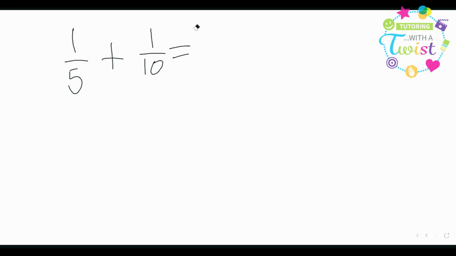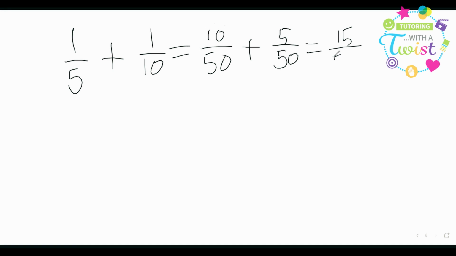Or if you really want a formula to follow, let's multiply the top and bottom of each of these by the other one's denominator. This will become 10 over 50. This will become 5 over 50, right? Which is 15 over 50. The top and bottom are both divisible by 5. So I'll simplify to 3 over 10.